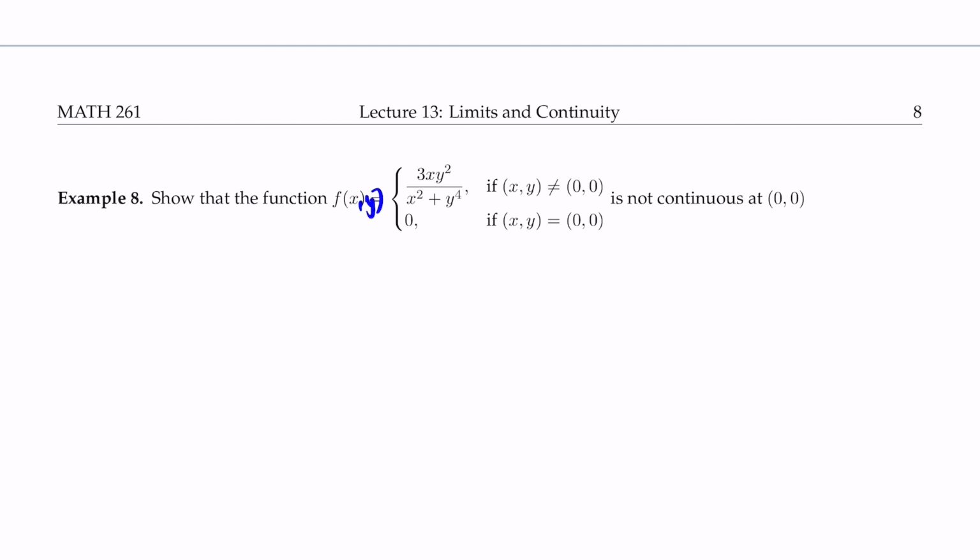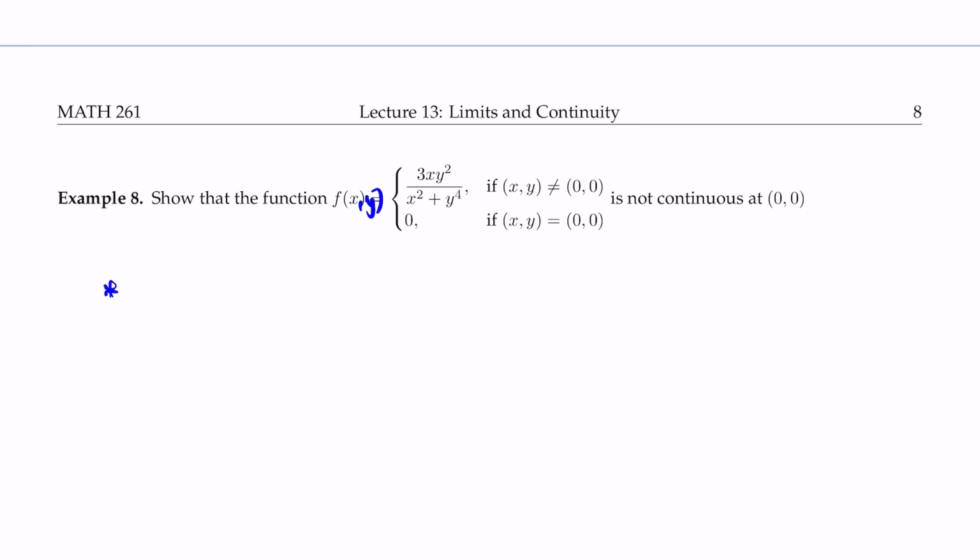For the first condition, f of (0, 0) is equal to 0, so that one is satisfied. Now for the second condition, you need to show that the limit of the function as (x, y) approaches (0, 0) exists and is equal to f of (0, 0) along all paths that approach (0, 0).